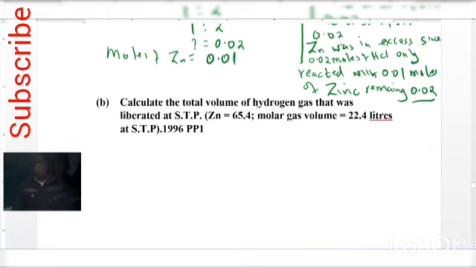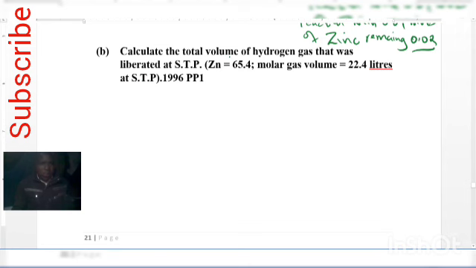Calculate the total volume of hydrogen gas that was liberated or produced at STP. We have been given this in brackets.